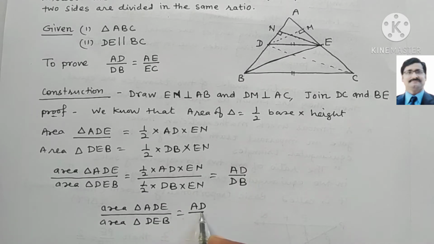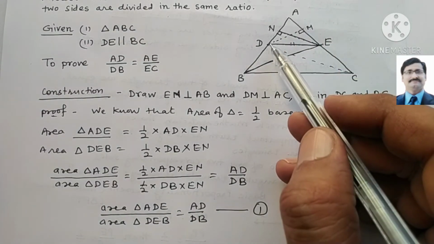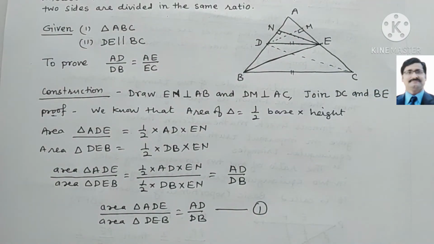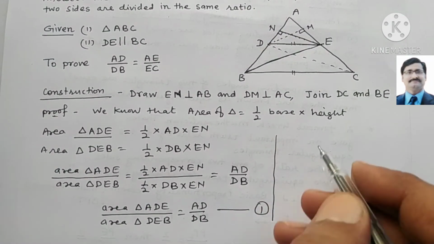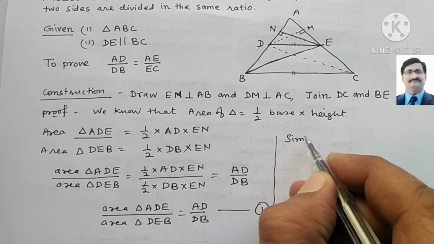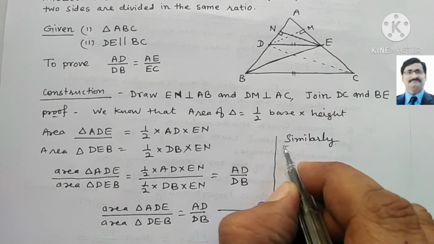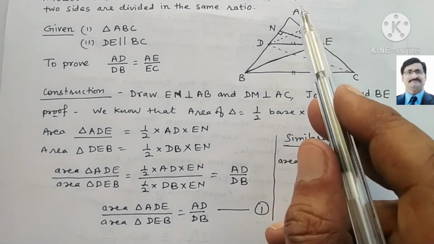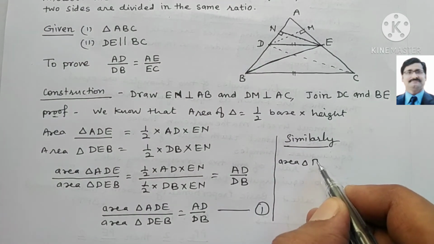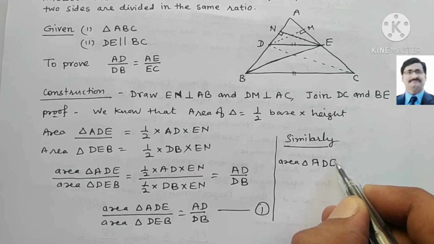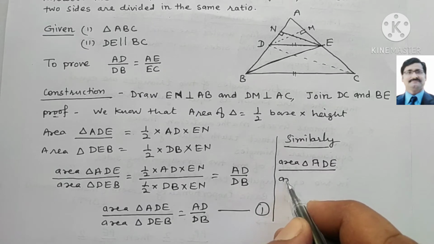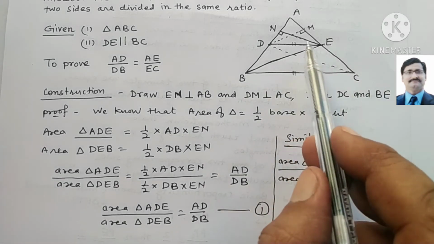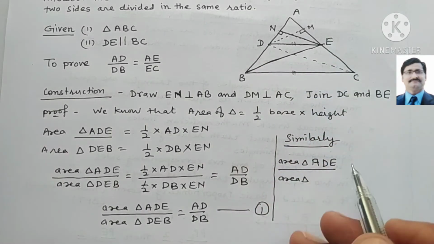So we can say that area of triangle ADE upon area of triangle DEB equals AD upon DB. This is the first ratio, AD upon DB. Similarly, we write area of triangle ADE upon area of triangle DEC.